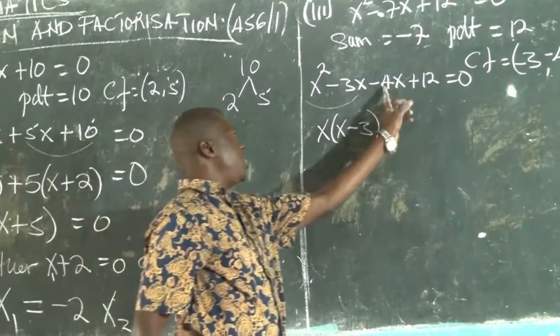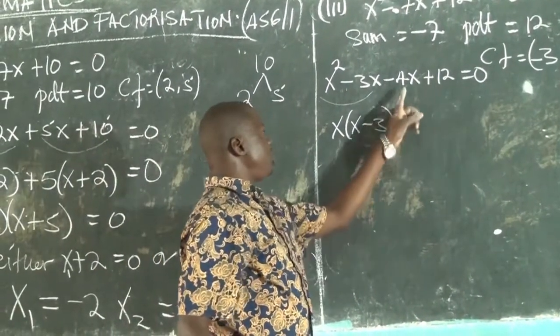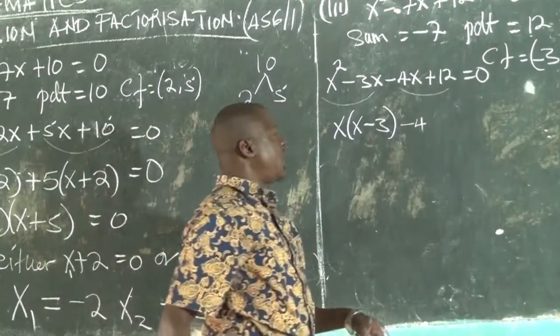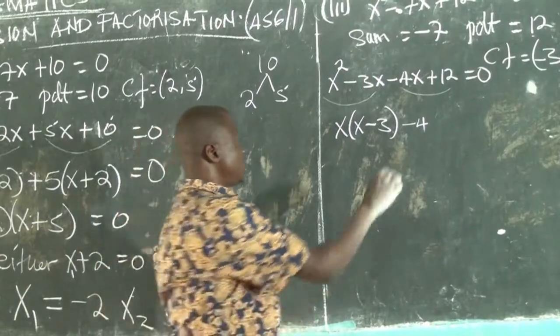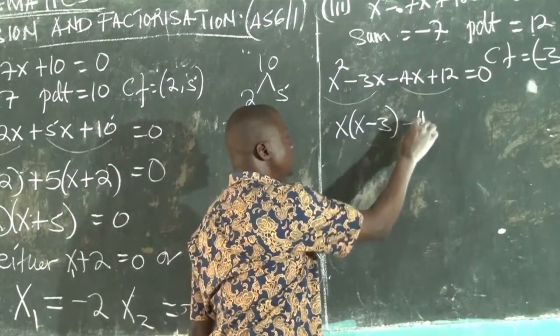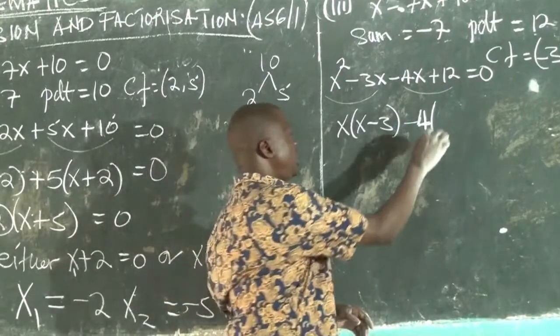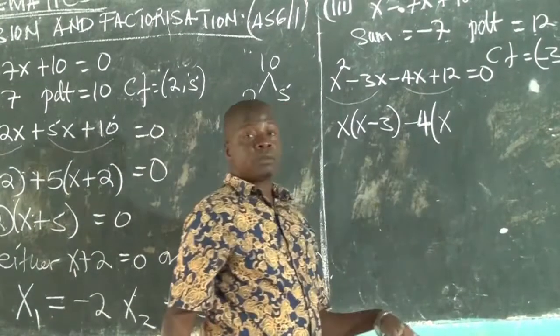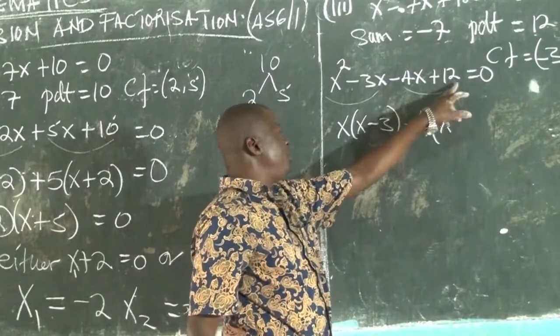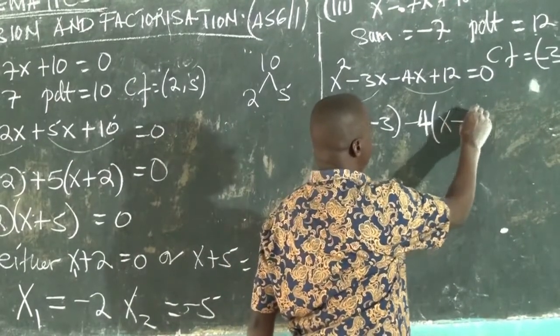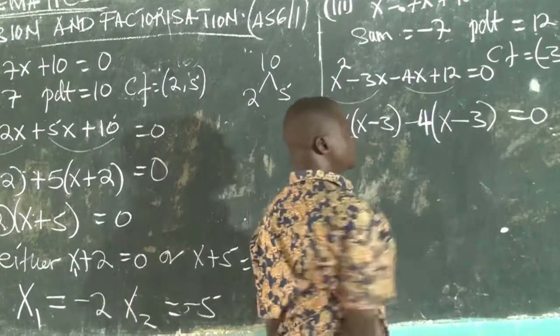You also look at these two. There is something common. That is negative 4. Put it out. It is negative 4. Negative 4x divided by negative 4 gives you positive x. Positive 12 divided by negative 4 gives you negative 3, equal to 0.